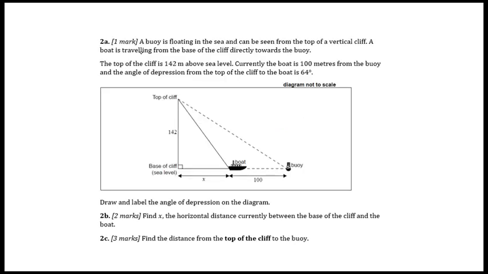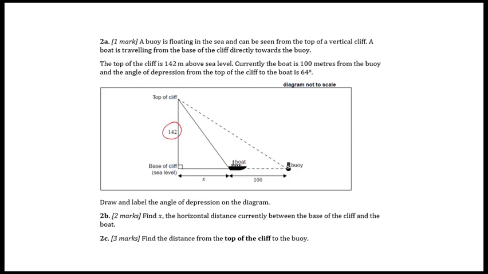Let's go to 2A. A buoy is floating in the sea and can be seen from the top of a vertical cliff. A boat is traveling from the base of the cliff directly towards the buoy. The top of the cliff is 142 meters, it's here, above sea level.